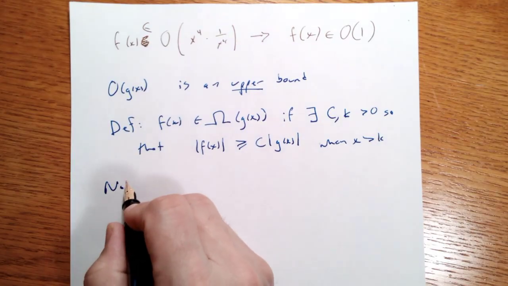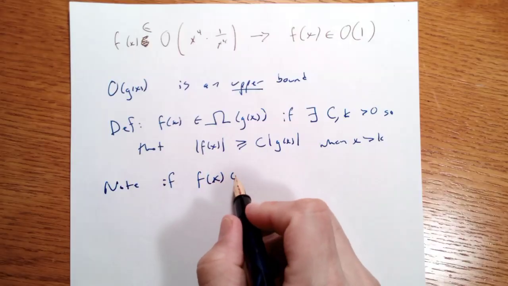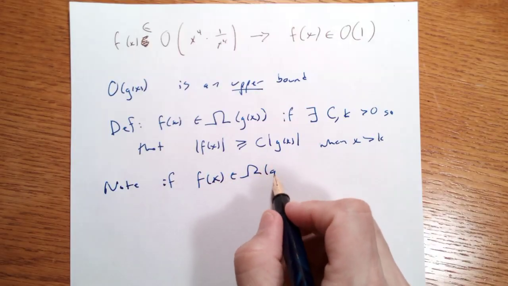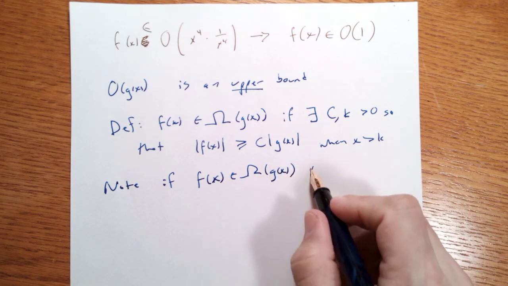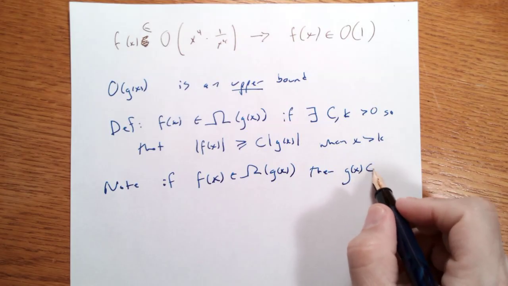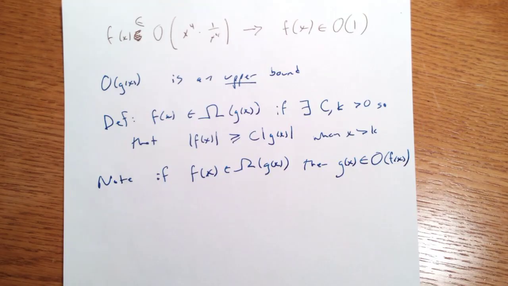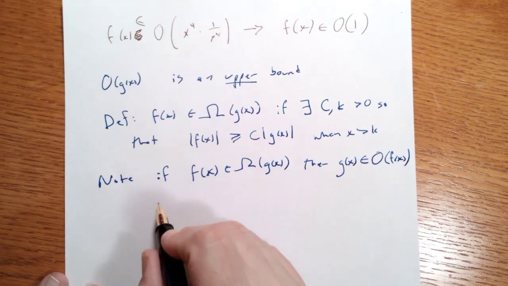An important note, if f is in big omega of g, then g is big O of f. And vice versa.